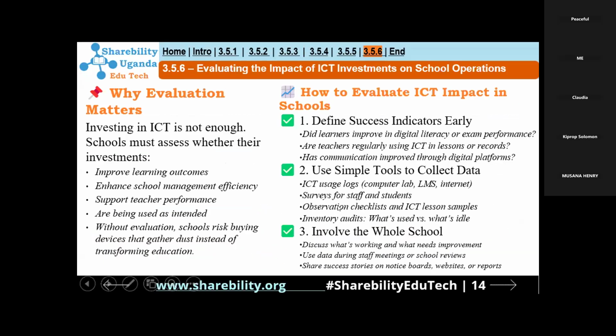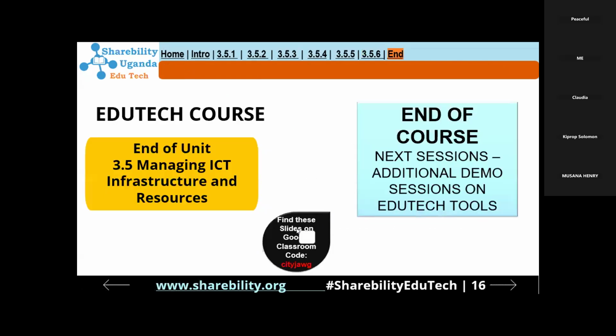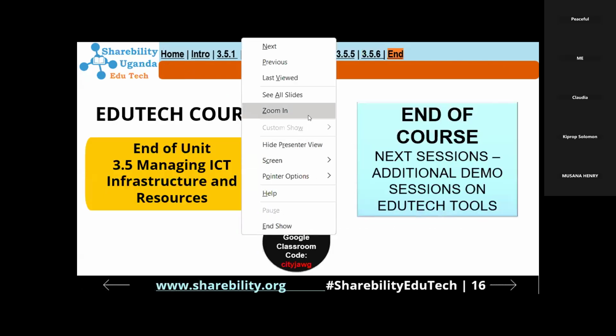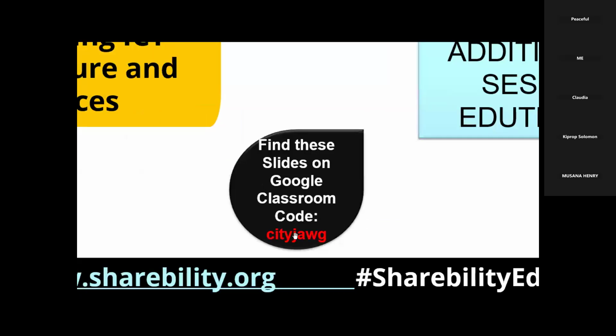The code has been provided, you can check: it is CTJWG. That is the new class code for our Google Classroom. It has all the slides. The old one became full, but this one we have created with more capacity. It can accommodate up to 1,000 participants, so you should be able to join. We shall be sharing other resources there.